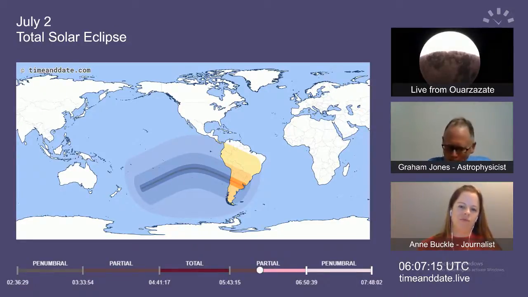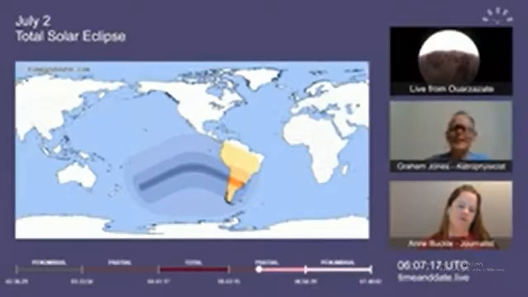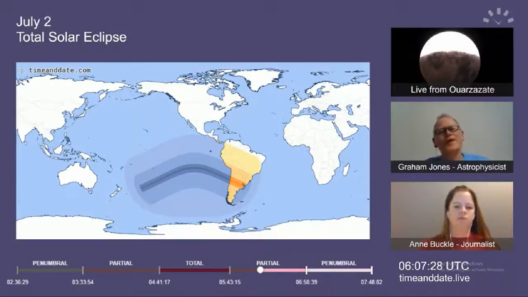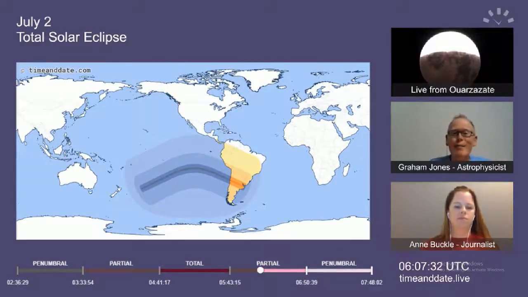Right. Well, the big difference between the two eclipses is that the Earth is much bigger than the Moon, so the Earth's shadow is much bigger than the Moon's shadow. So when the Moon is passing through the Earth's shadow, it can get completely swallowed up by the dark part of the Earth's shadow.